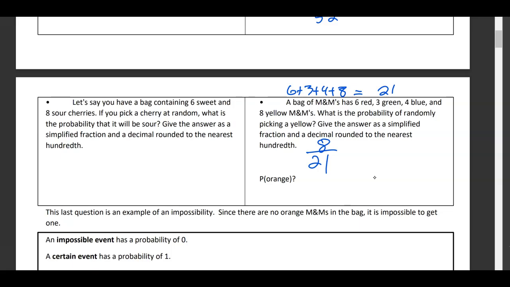What's the probability of picking an orange? There are no oranges. That's called an impossibility. When you work out probability and the answer is 0, it's impossible.